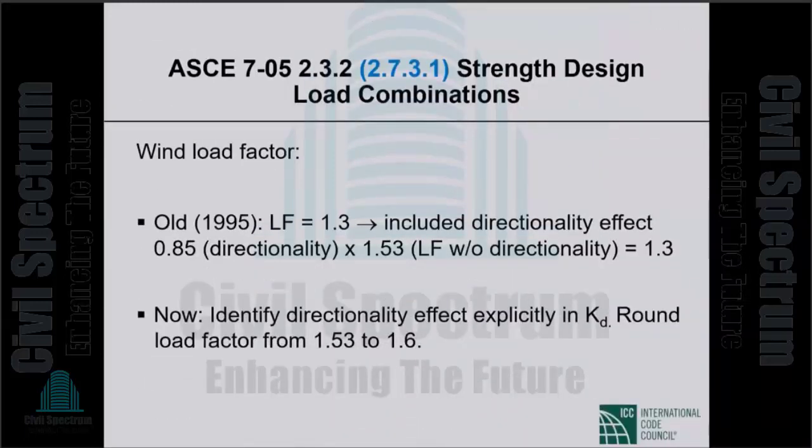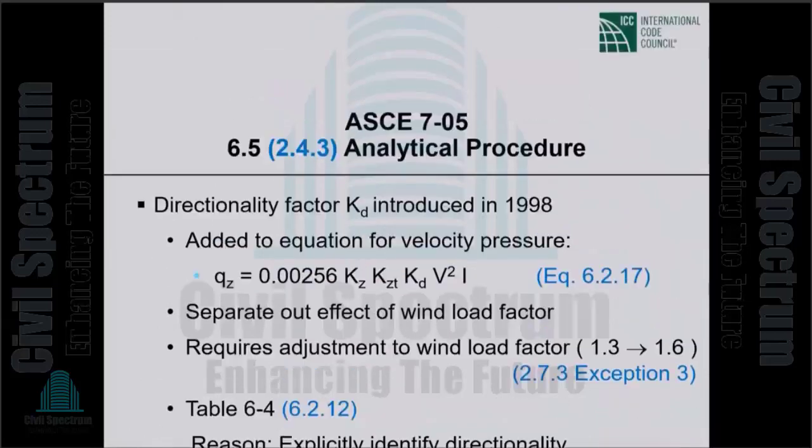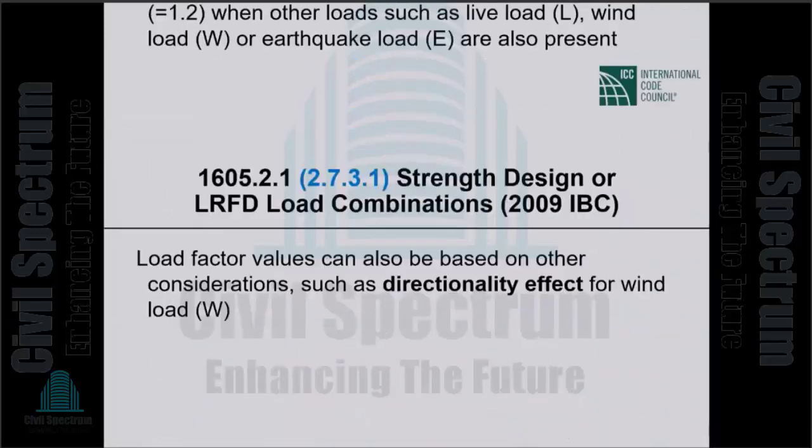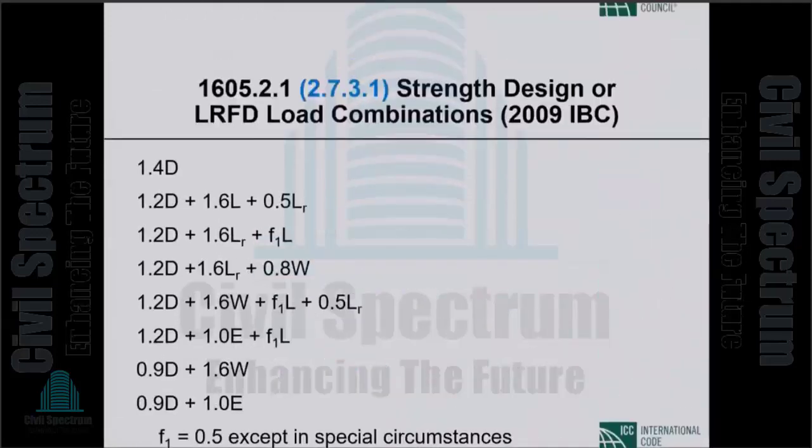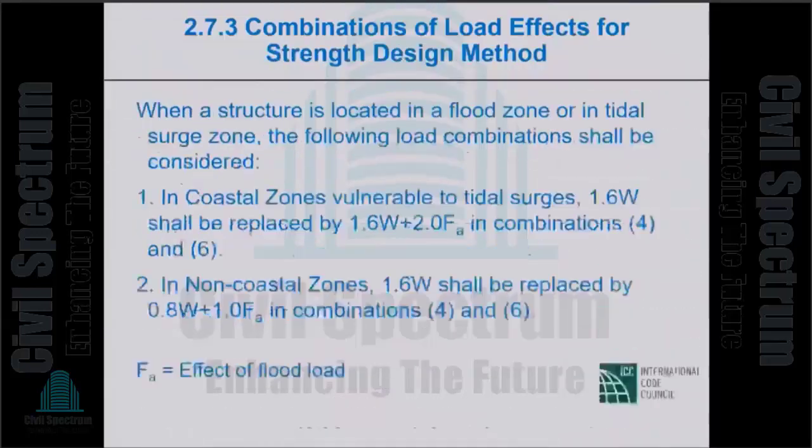That gives you 1.53. The 1.53, instead of being rounded down to 1.5, was rounded up to 1.6. So that's the history behind 1.6. And that brings us to exception number 3, which I skipped.